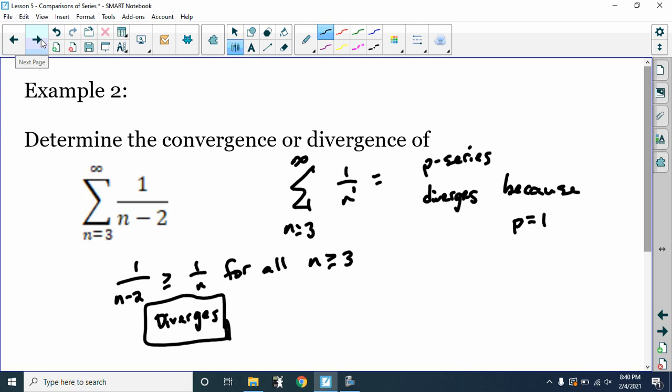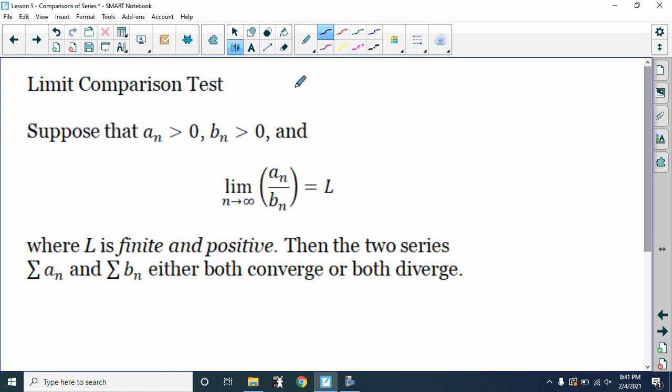The more useful of the two tests is called the limit comparison test. The limit comparison test says that we have two positive sequences. And what we're going to do is take the limit as n approaches infinity of a sub n over b sub n.